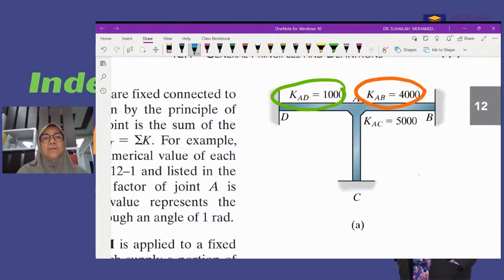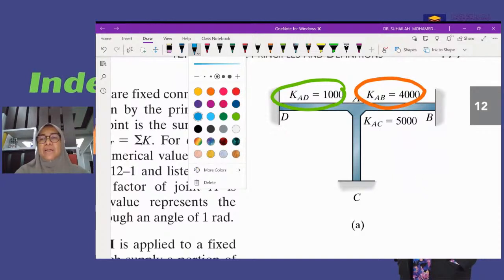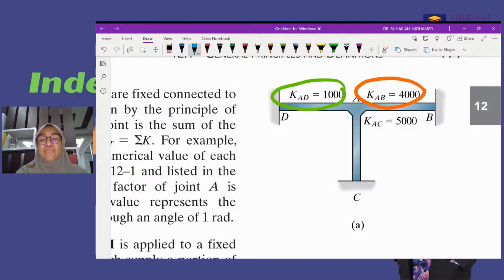And for member AC, the member stiffness factor is 5,000. Each element only has one value of K.